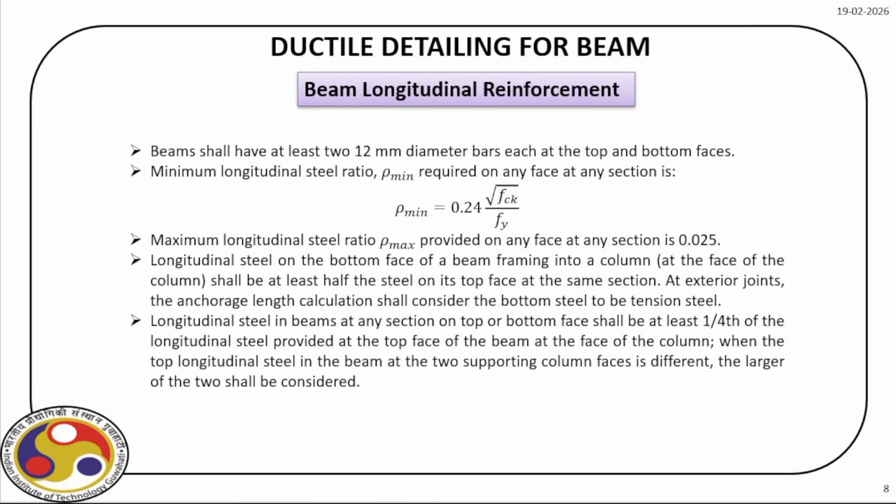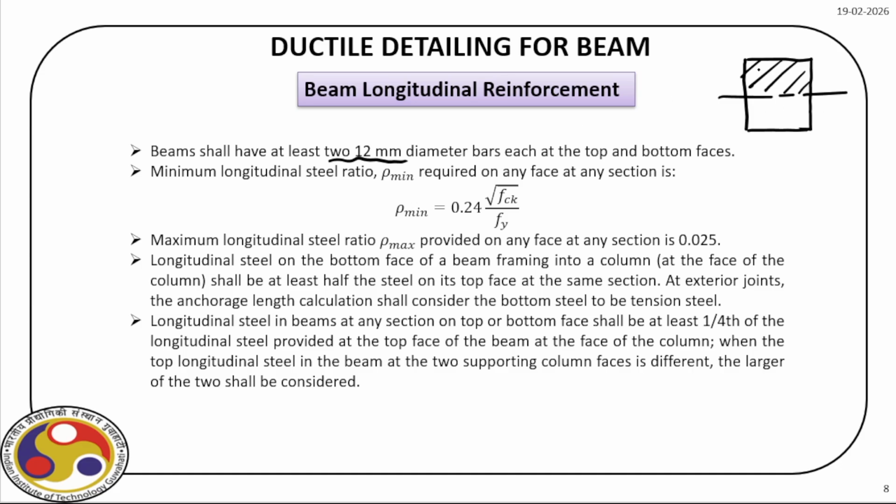So next is beam longitudinal reinforcement. From the ductility detailing point of view, beams shall have at least two 12 millimeter diameter bars, each at top and bottom face. Now, recall again, when we design this section, we consider, say, this section is under compression.